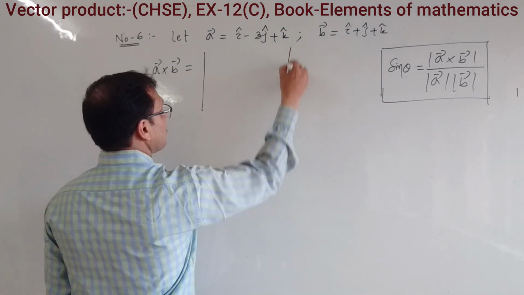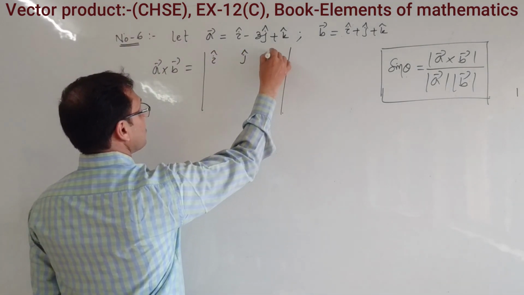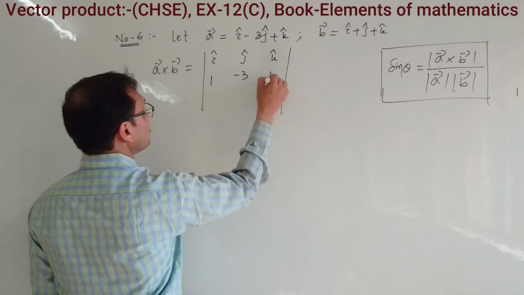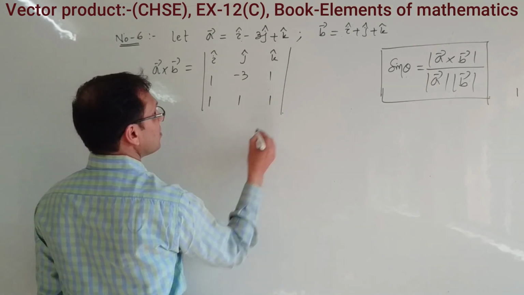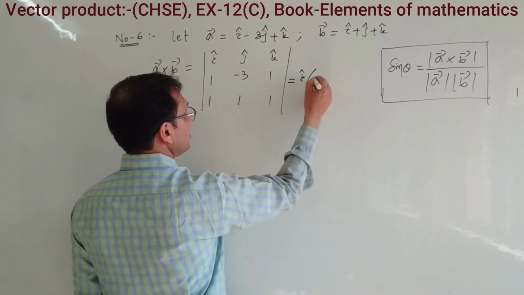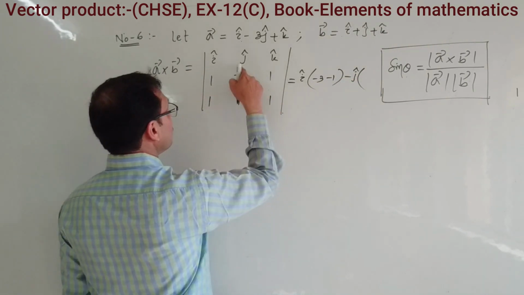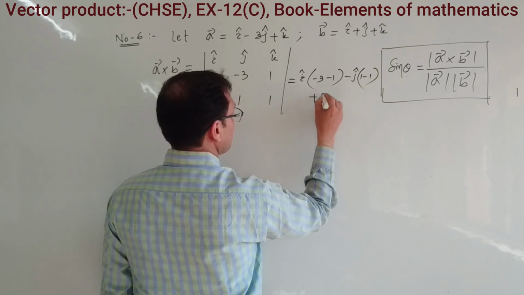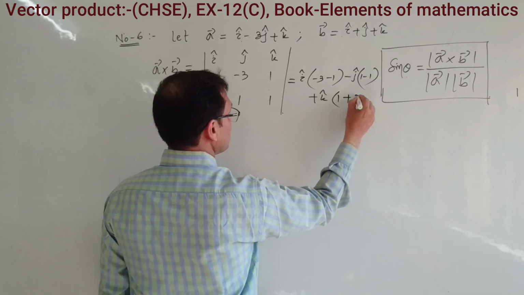A cross B can be evaluated with the help of the determinant: i cap, j cap, k cap; the components of A are 1, minus 3, 1; and the components of B are 1, 1, 1. So you get i times (minus 3 minus 1) minus j times (1 minus 1) plus k times (1 minus 3, that is plus 3).